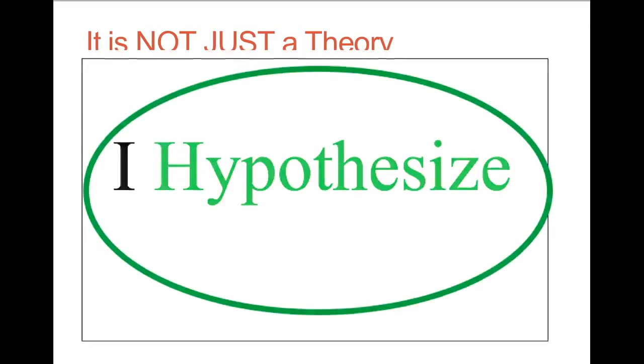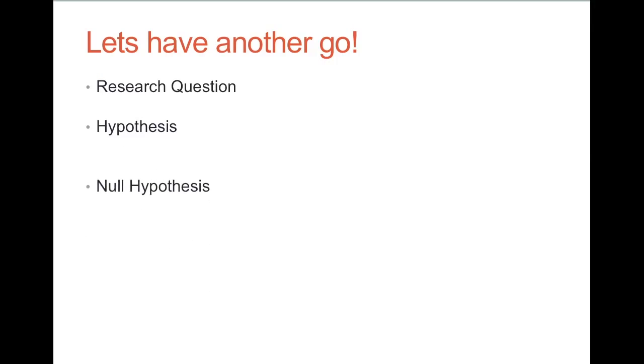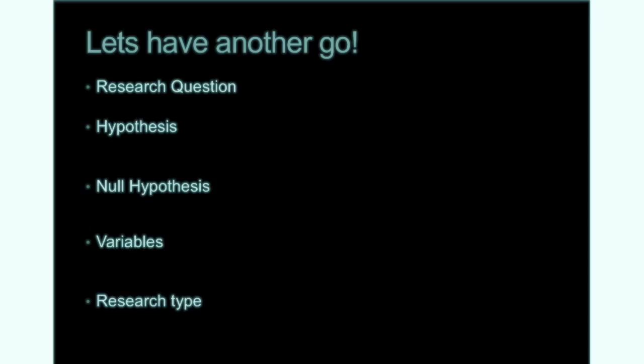So, we're going to kind of go over this a little bit. We've got research question, hypothesis, null hypothesis, variables, and research type. The null hypothesis is gone over in the previous video for this section of the playlist, but basically the null hypothesis is the hypothesis that says whatever you're hypothesizing doesn't exist.